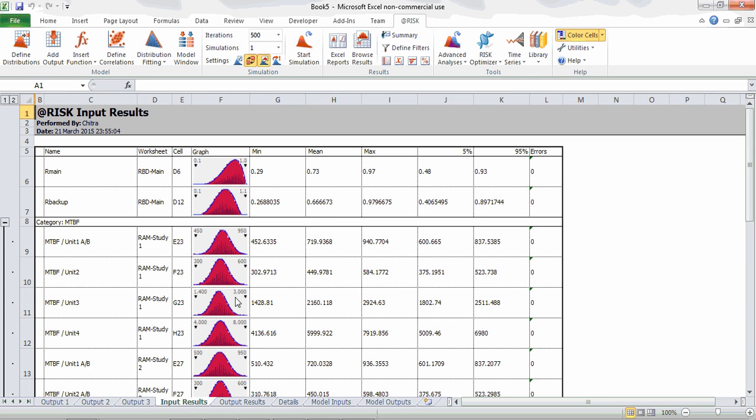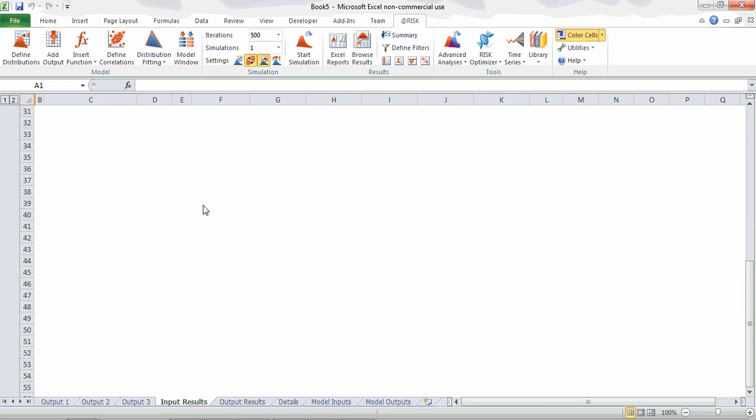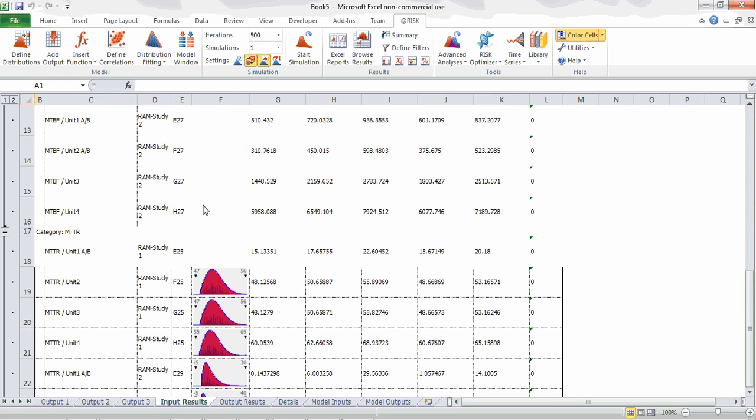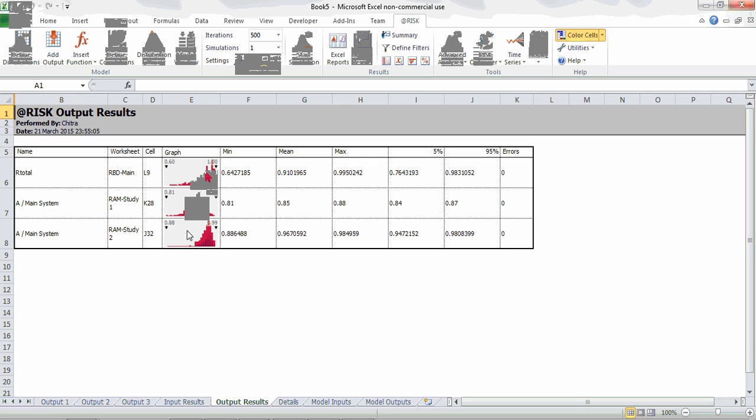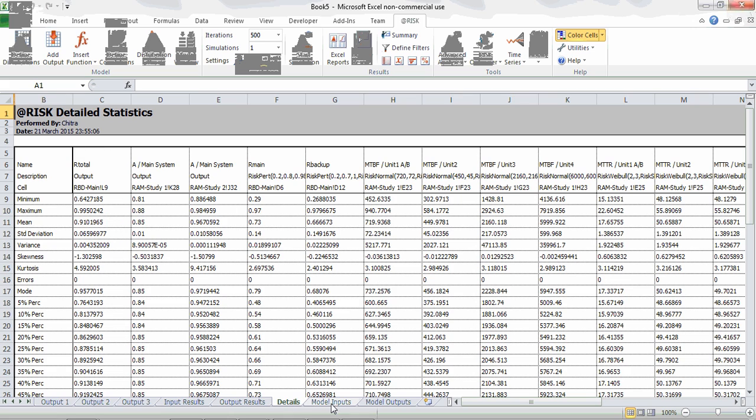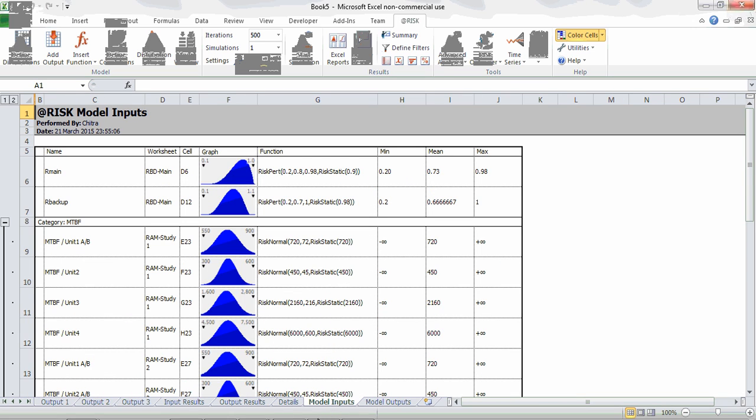The input results, what kind of distributions we have chosen, are clearly shown here, and output results show the total and the main system with RAM study 1, RAM study 2. And the details are given here, and the model inputs and model outputs are also given here.